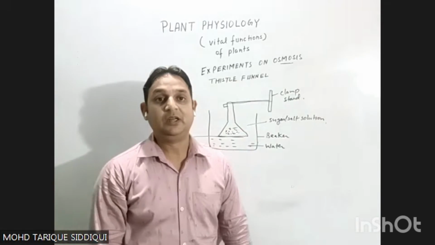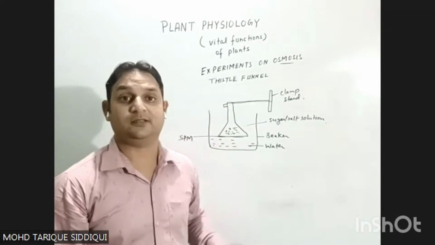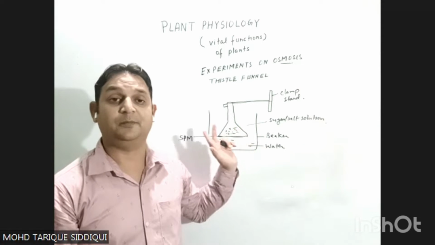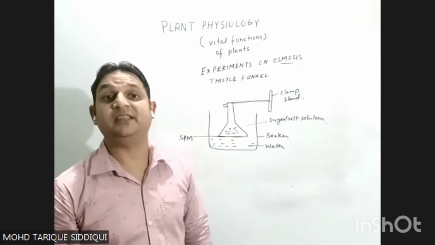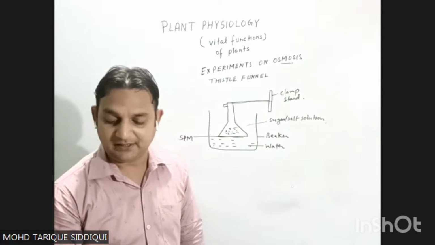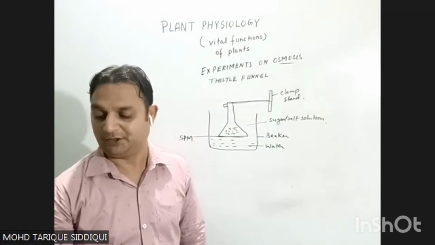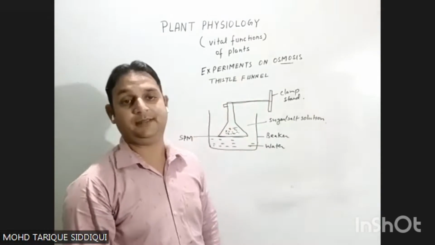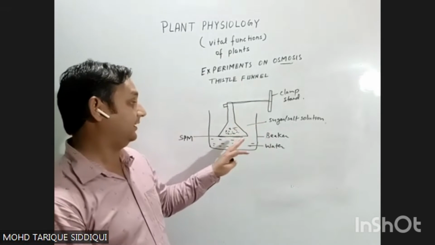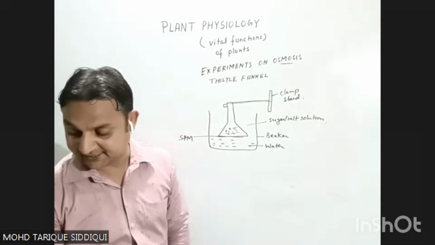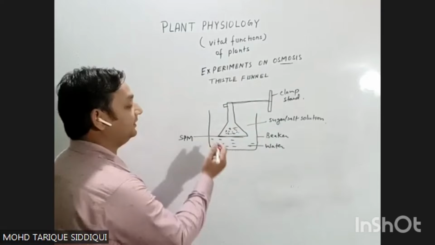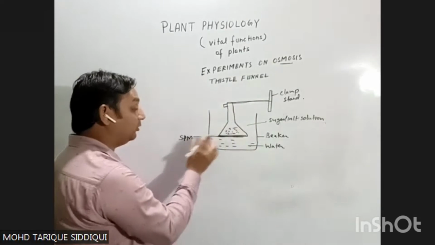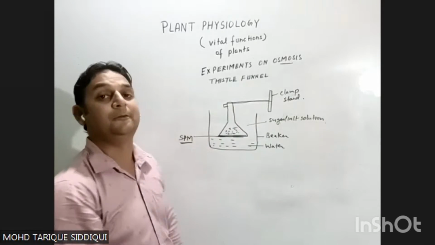All right. Now here, the board has asked 10 questions in this Thistle funnel experiment. First, we discuss what the Thistle funnel experiment is, then we will discuss the questions. What you have to do in the Thistle funnel experiment: take a Thistle funnel with its mouth covered with semi-permeable membrane.